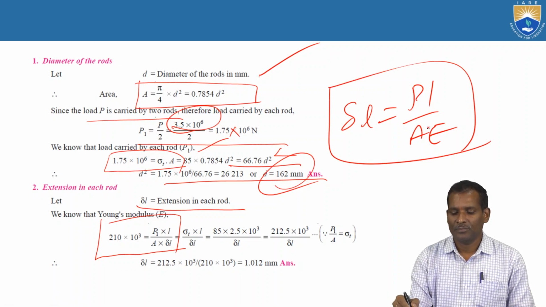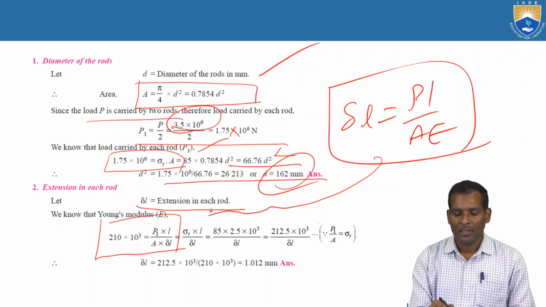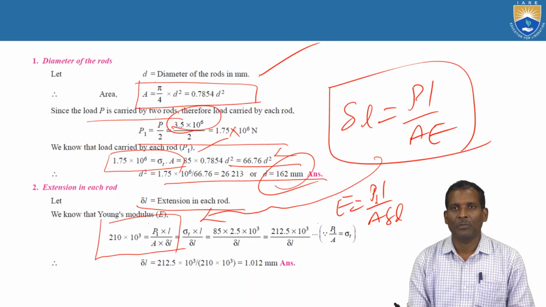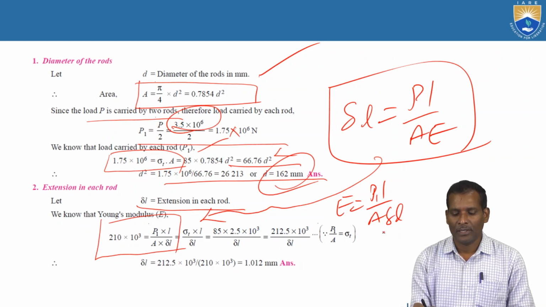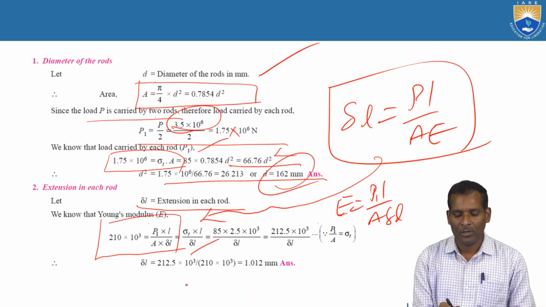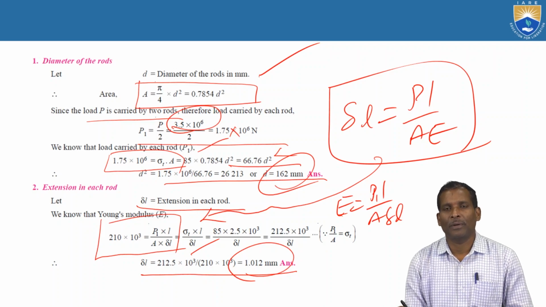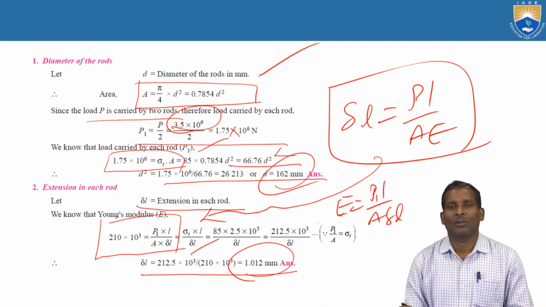From this relation, E is equal to P1 into L by A into delta L, which is sigma T into L by delta L. Substitute all those values and you will get delta L as 1.012 mm. This is the extension in each rod.